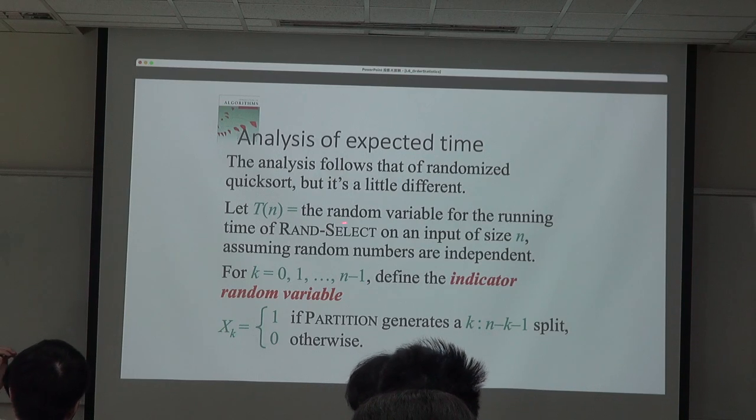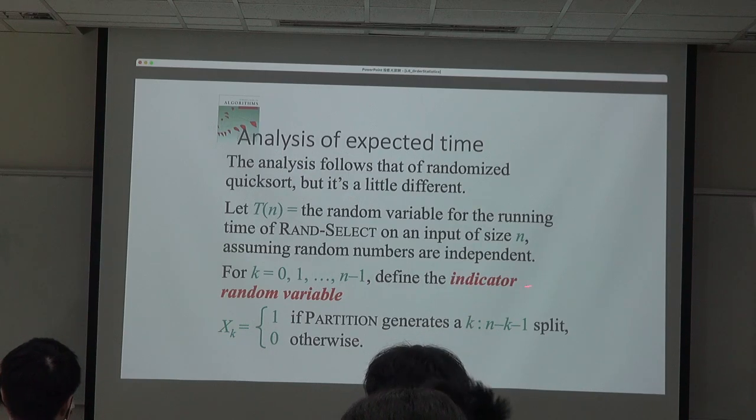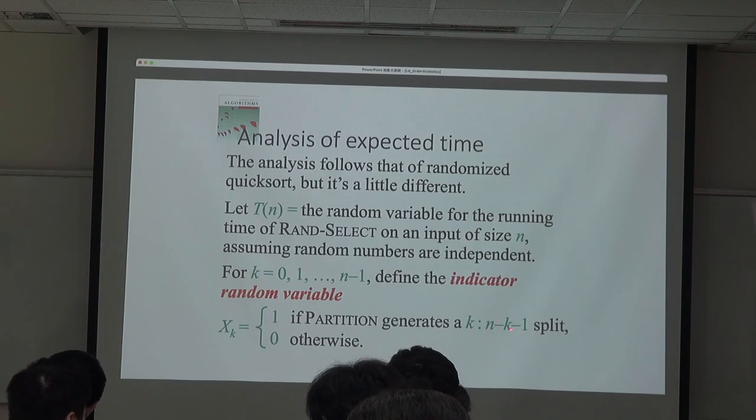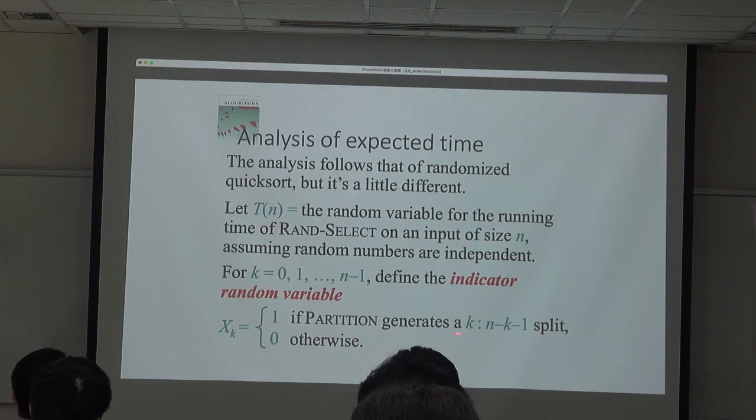Then we define an indicator random variable. This Xk equals 1 if partition generates a split of k and n minus k minus 1. So we are able to at least get rid of a pivot, right? So k and n minus k minus 1, these two groups. If this is the case, Xk is 1.